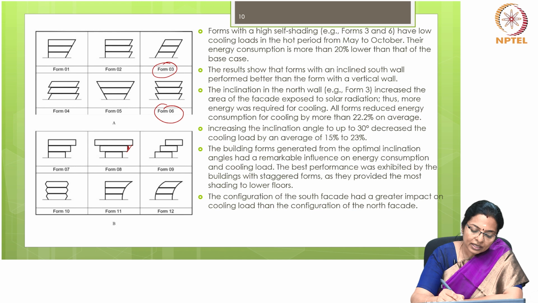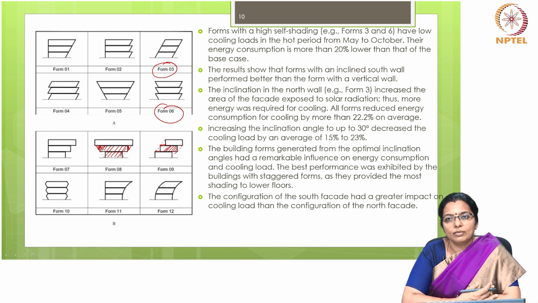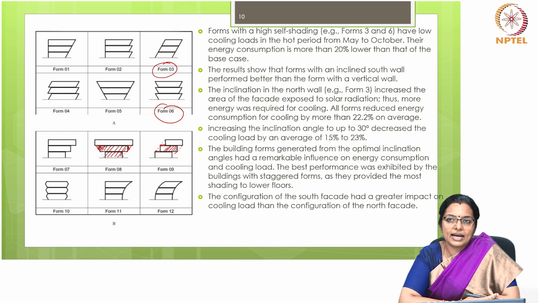You can see this entire wall falls under the shadow region because of the shading provided. And because of this shading, even the roof gets shaded in this area. So, the staggered form seems to perform better as compared to the non-staggered form.